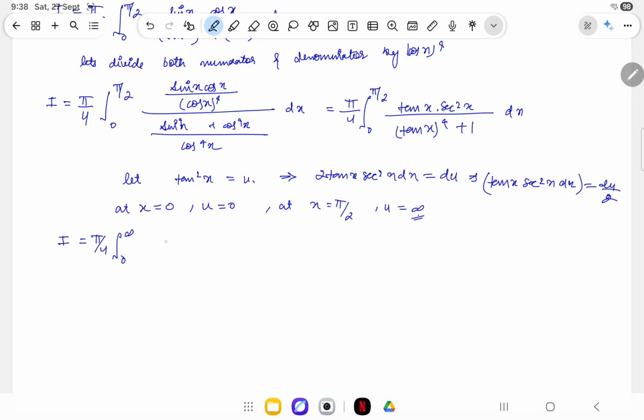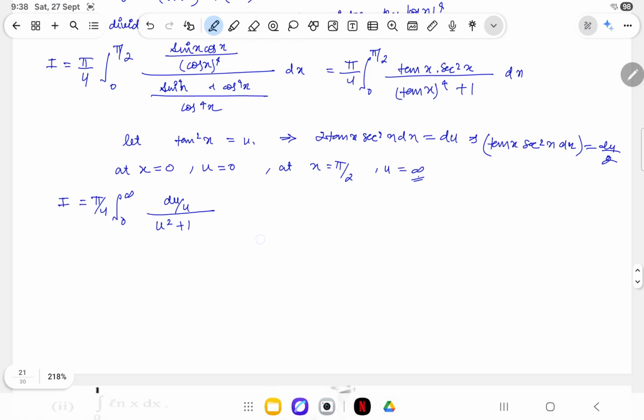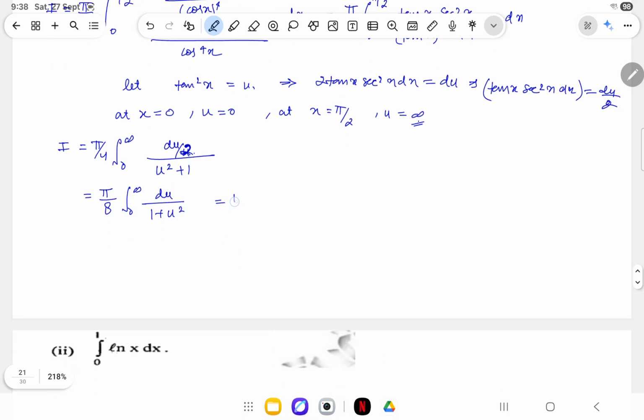So let's plug in these values. It will be du by 2 divided by u square plus 1. I can pull this 2 out of the integration sign, so it will be pi by 8 integration from 0 to infinity du by 1 plus u square, that is equal to pi by 8 into tan inverse u, with limit varying from 0 to infinity.